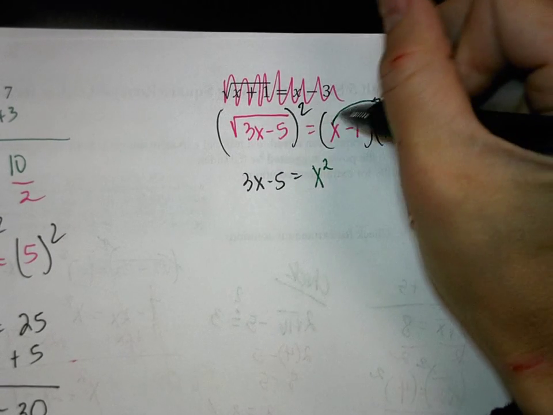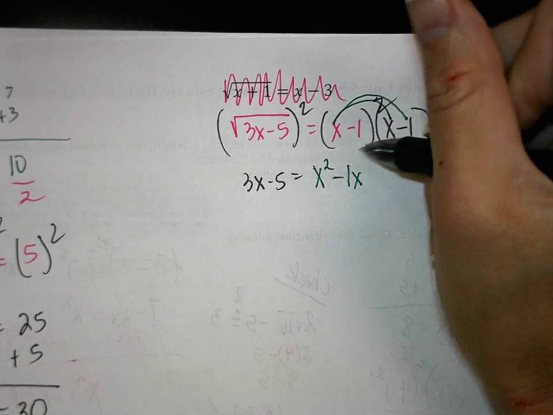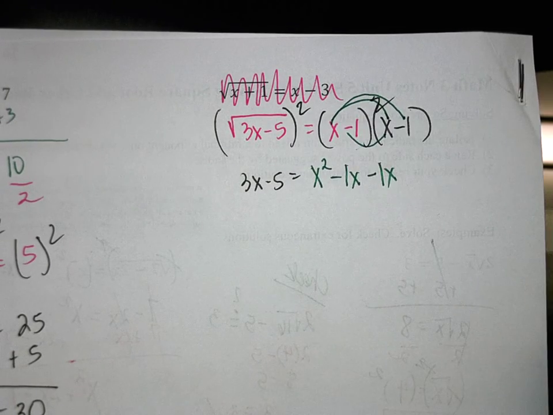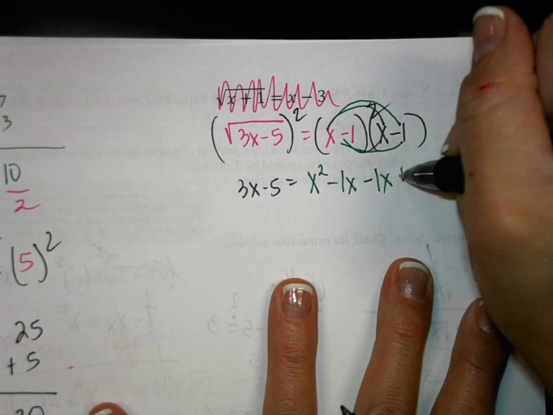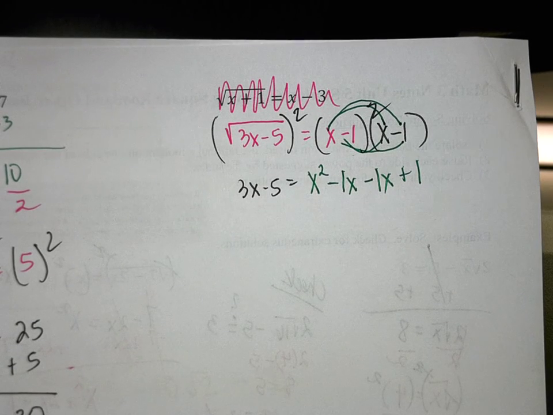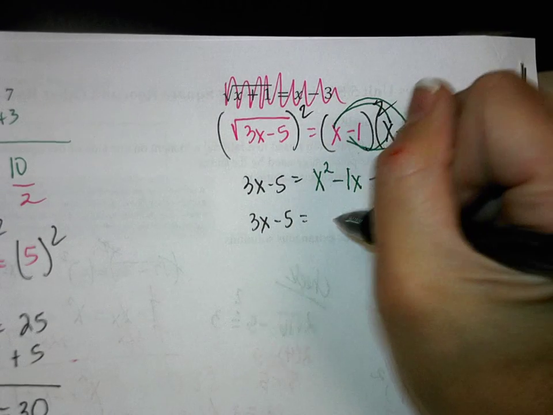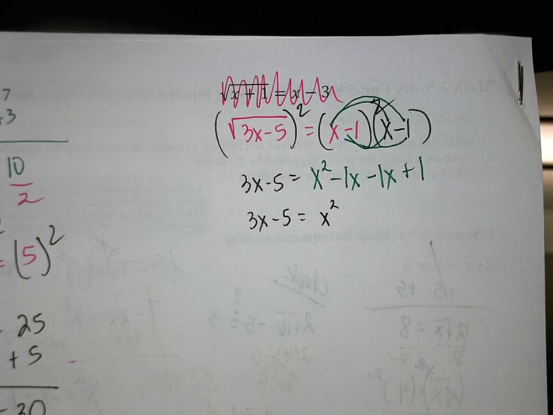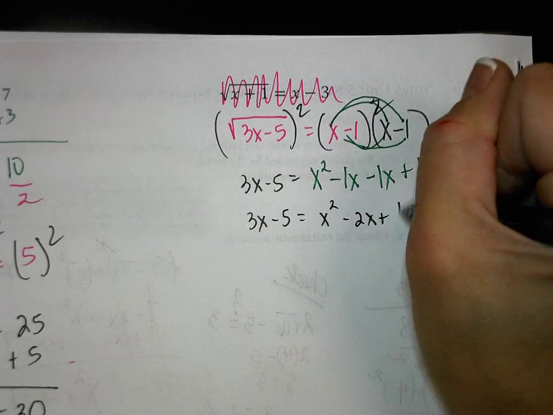X times negative 1 is negative 1x. Negative 1 times x is negative 1x, and negative 1 times negative 1 makes a positive 1. Very good. So next we're going to go ahead and simplify. We're going to write this as 3x minus 5 equals x squared, and negative 1x and negative 1x makes negative 2x plus 1. Questions up to this point?